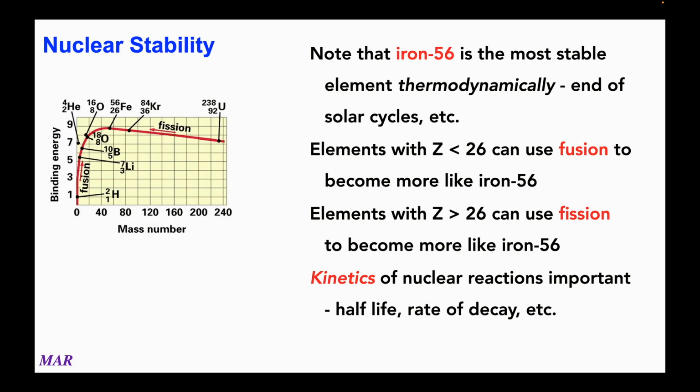And if you think about this long enough, you can envision probably one day a universe of nothing more than iron 56. And at that point, all energy would stop because there's no more reason to have anything but iron 56 around, kind of a dark, dreary thing. However, I'd like to remind you that kinetics is a huge factor in this. Having any of these reactions possible takes incredible amounts of energy of activation.